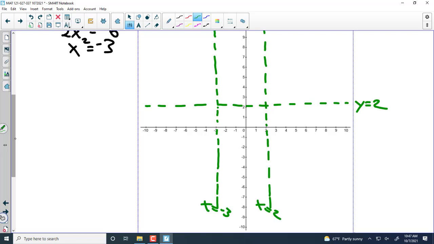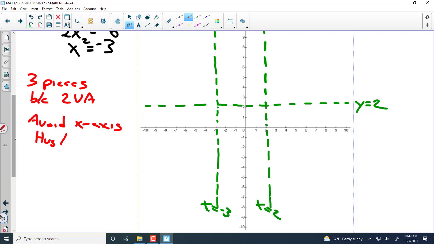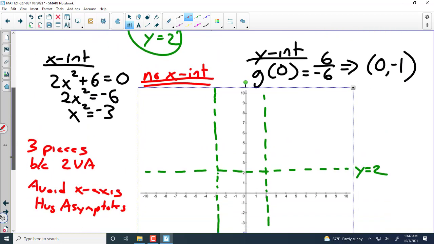No x-intercepts, so remember, we're going to have 3 pieces because of the 2 vertical asymptotes. And avoid the x-axis, hug asymptotes, and I had 1 y-intercept, which was at 0, negative 1.